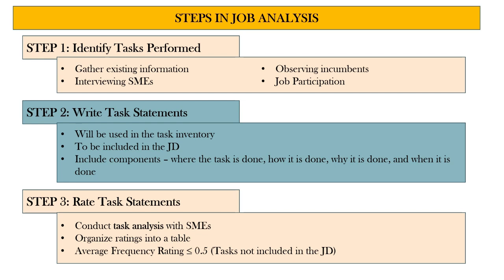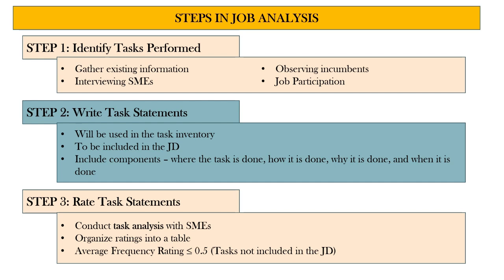Okay? For step 3, you need to rate the task statements. Number 1 under this major step is to conduct a task analysis with subject matter experts. What do you do in a task analysis?